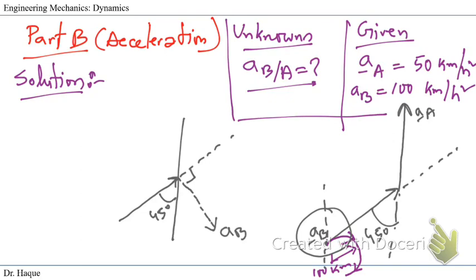So A, B normal component, and this will be our A, B tangential component.